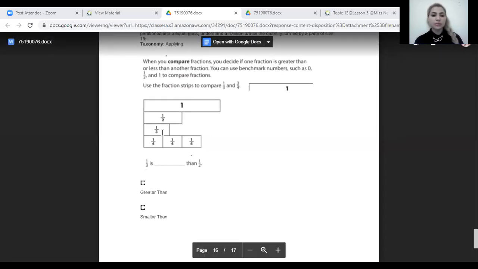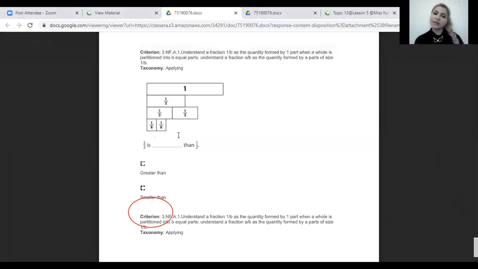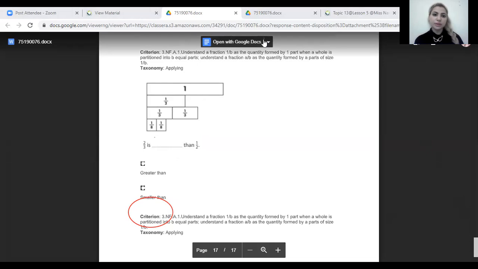That was the revision, and here also 2/3 is greater than half. 2/3, from here to here, you see, is greater than the half. Okay, so you were right.